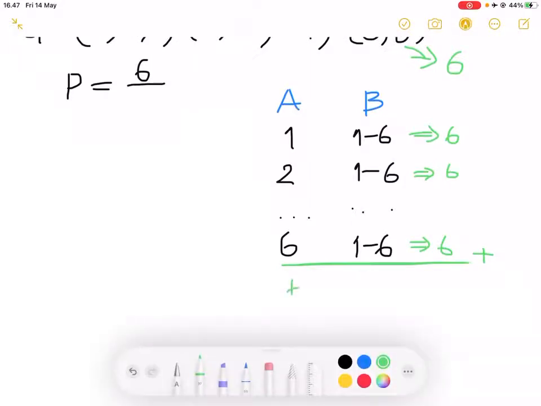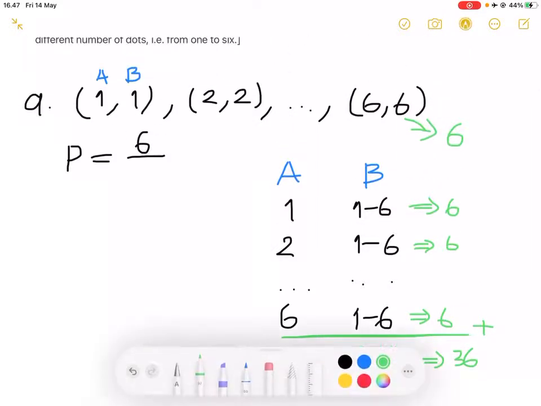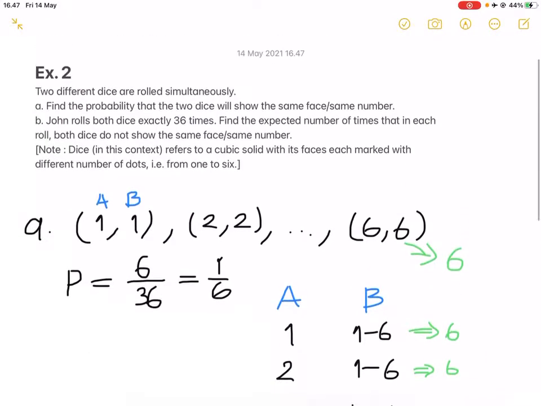So the total number of ways will be 6 plus 6 plus 6 plus 6 plus 6 plus 6. That will be 6 times 6, which will be 36. Alright, so we can fill the denominator with 36. Simplifying this, we get a probability of 1/6.